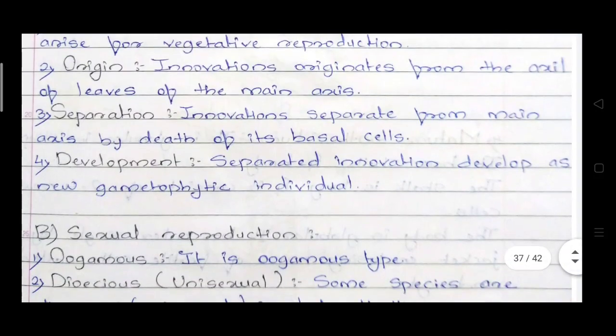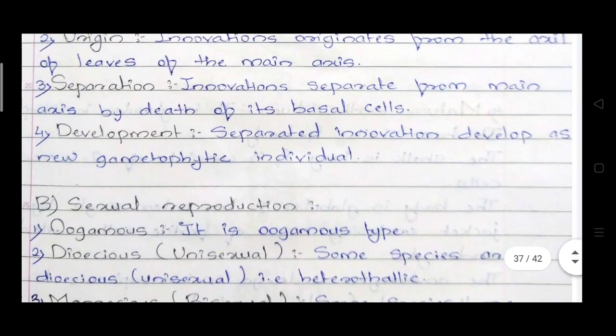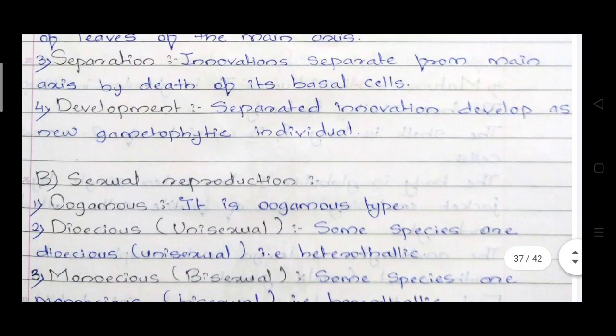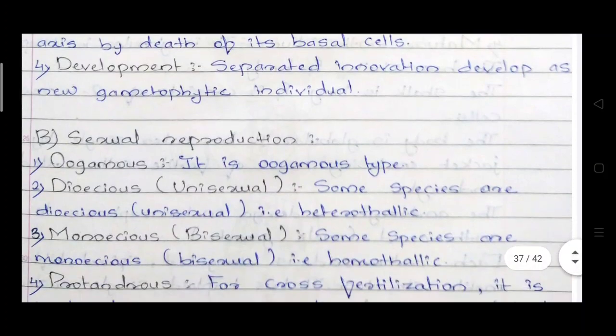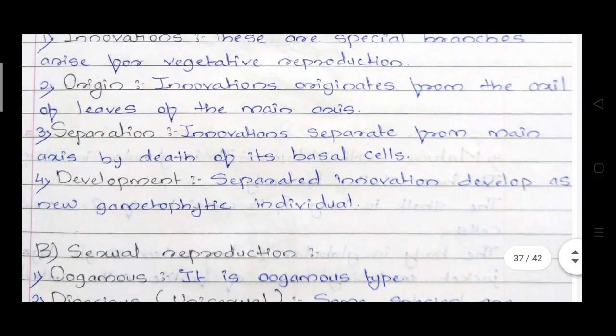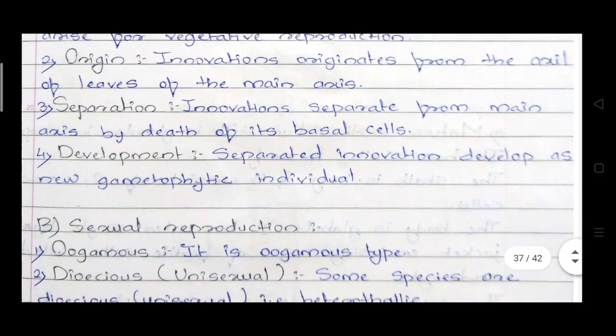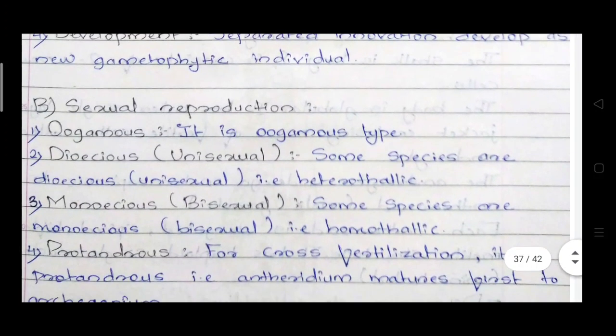When the death of the basal cells takes place, these branches are separated, and the separated branches grow as a new gametophytic individual. This is the way in which vegetative reproduction takes place.